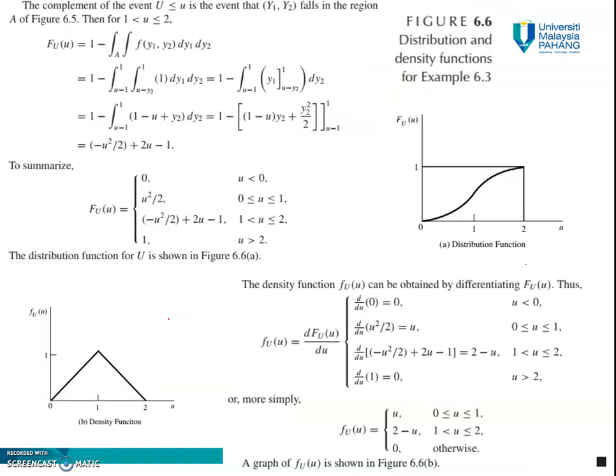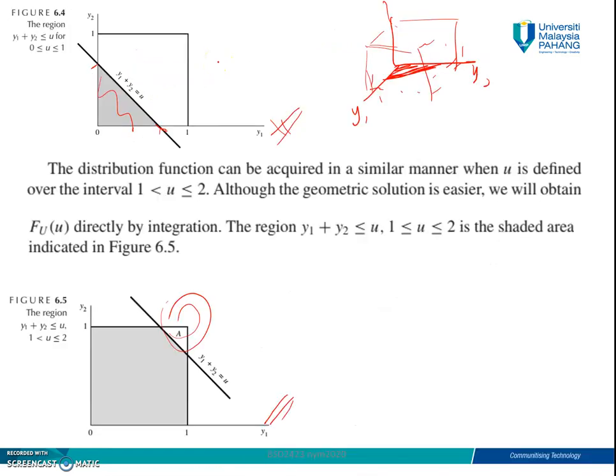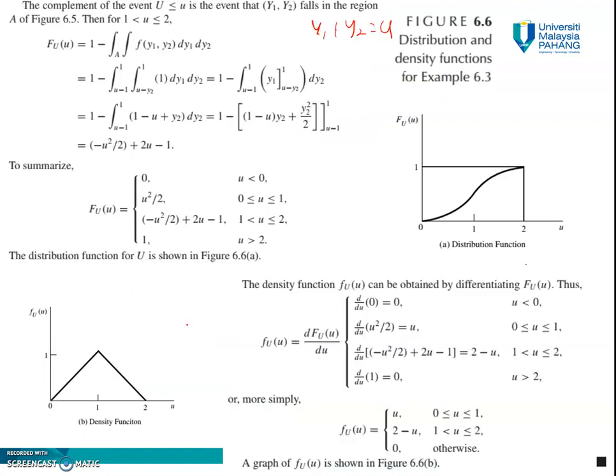It will be 1 minus the bivariate density function for y1, y2. Here again the limit you get from y1 plus y2 equal to U. But here it will be until 1, because it's from here to 1, and from here to 1. So that's why the limits will be until 1, but this one, how you get it? It's from here. So integrate as usual, substitute the value, then you get this answer.